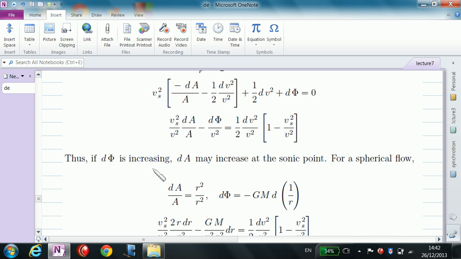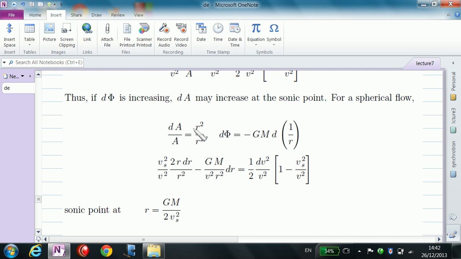So now if d phi is increasing, dA can increase at the sonic point. This doesn't have to be the neck of the nozzle, because if going outward you're going to a higher gravitational potential, then as long as the second term balances the first term, the left-hand side will be zero, and you can have a sonic point there.